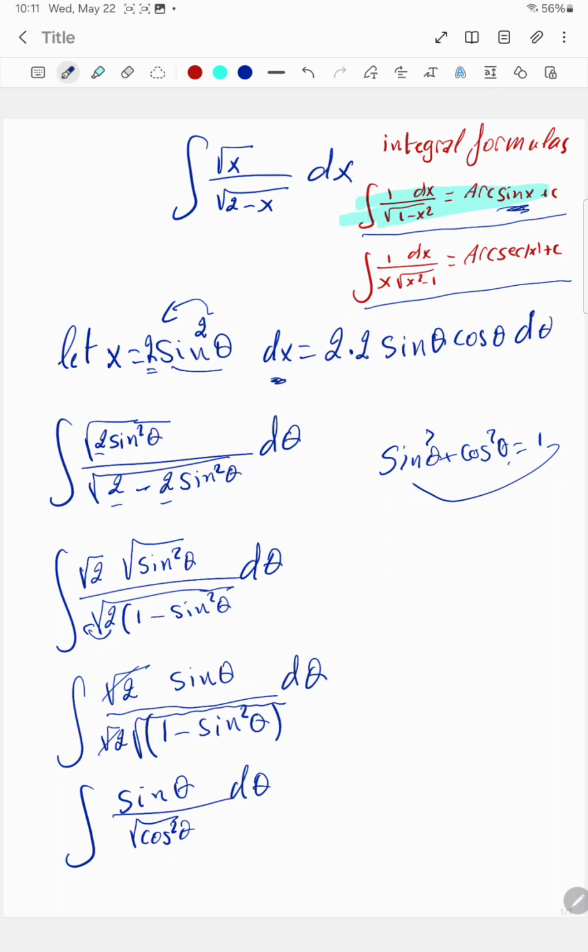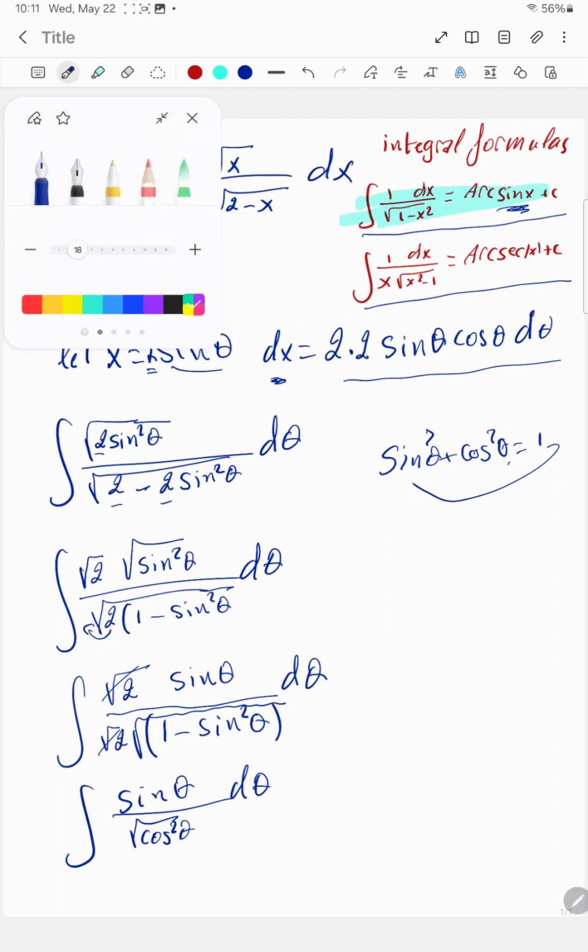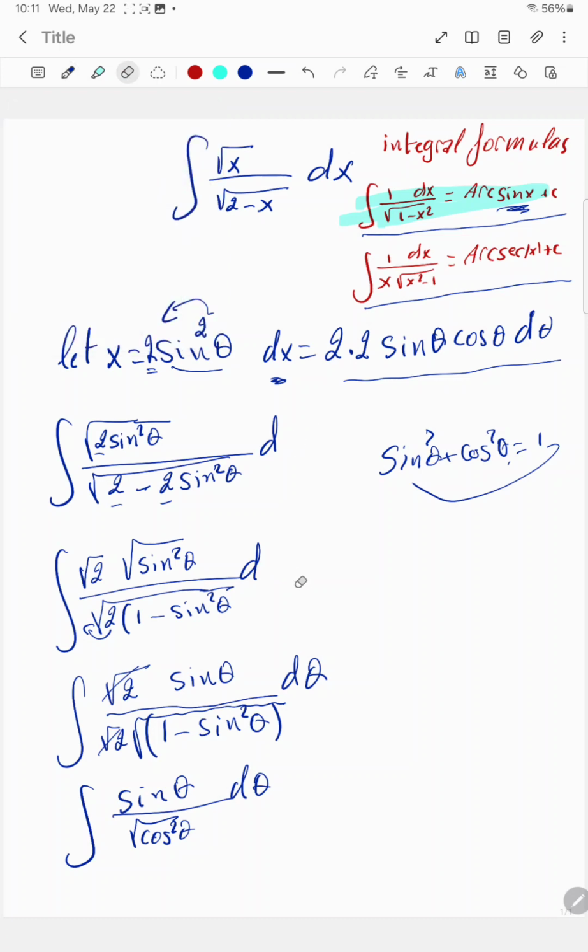But I forgot to replace dx. All of these are dx. Now I want to replace them by d theta. The dx is equal to 4 sine theta cosine theta d theta.